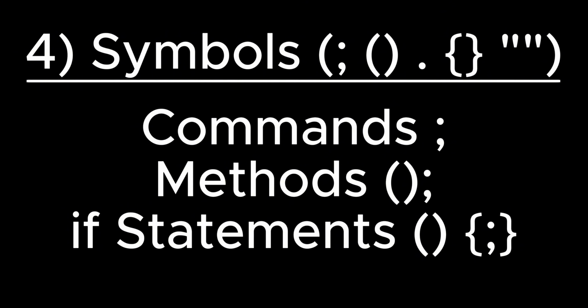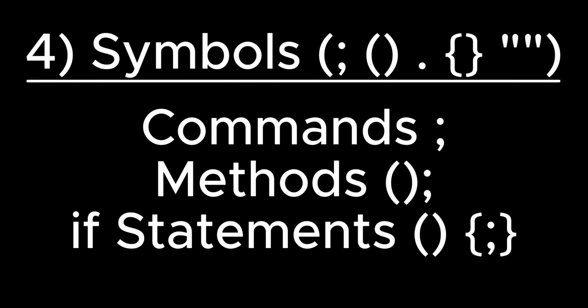And yeah, so the difference with if statements is that, just like methods, it uses the open and close brackets. However, inside the curly brackets is where you put the semicolon. You don't put the semicolon outside the curly brackets, because the if statement assumes that when you've closed the curly bracket, that is the end of your if statement, and it assumes correctly because it is the end of the if statement.